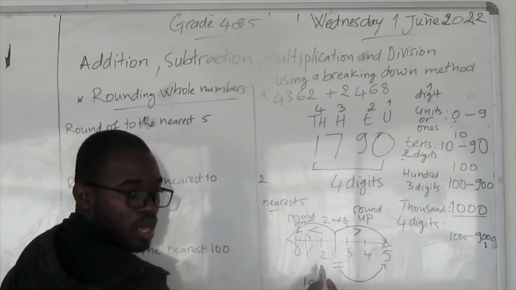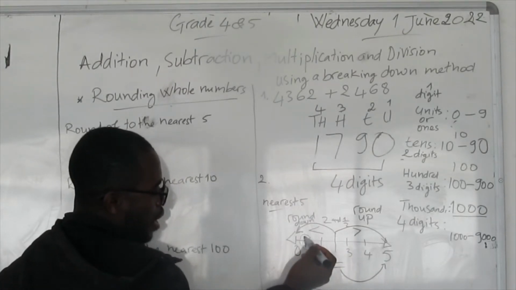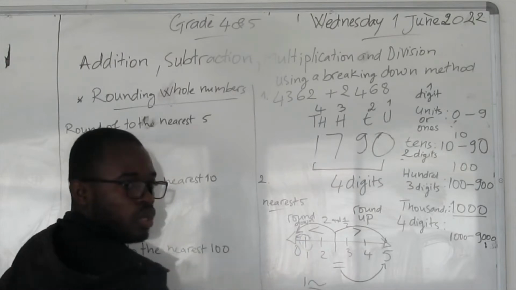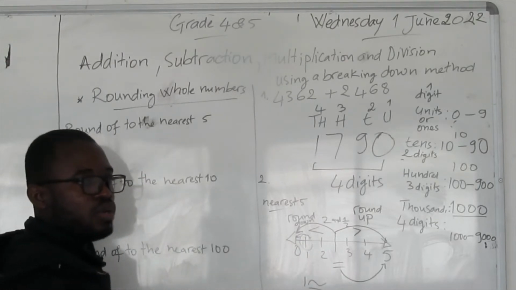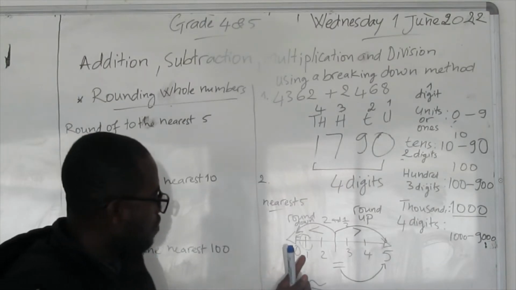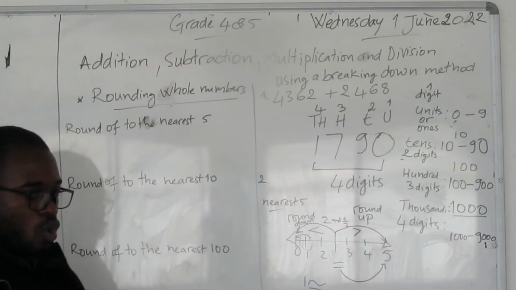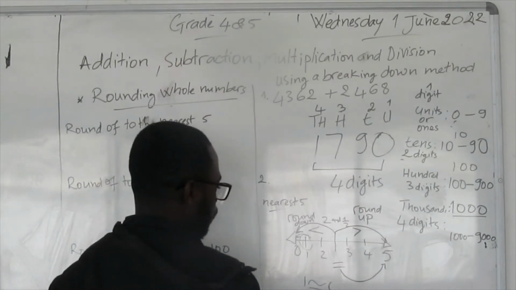You understand? Less than our half. Meaning, we must do what? We round down to the previous 5. Our previous 5 here is what? 0.